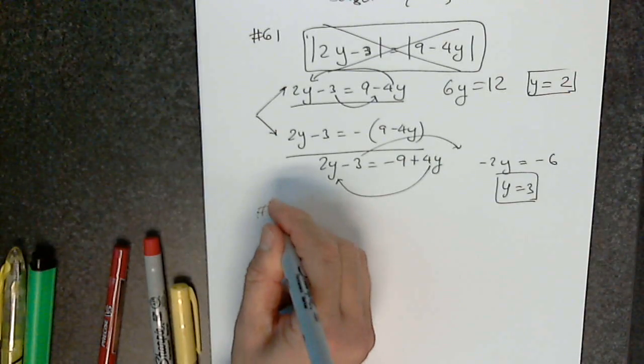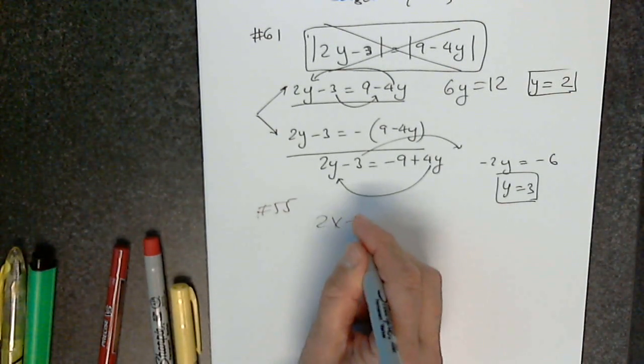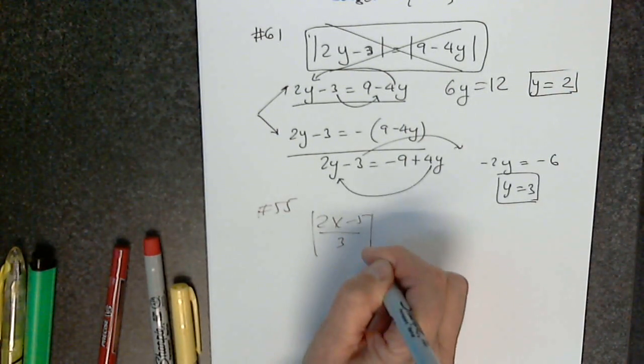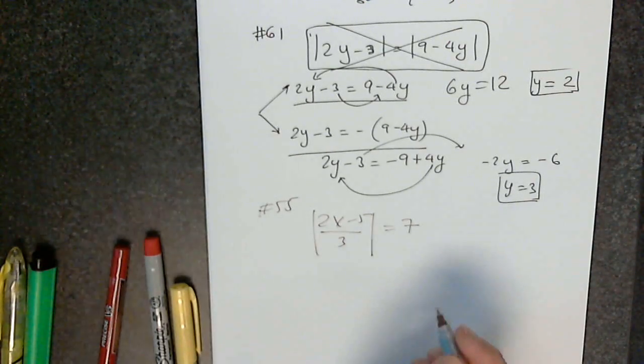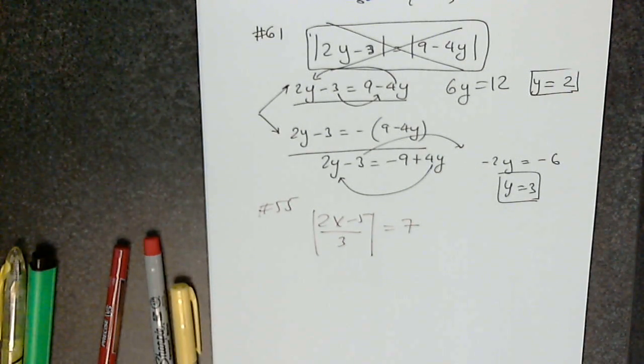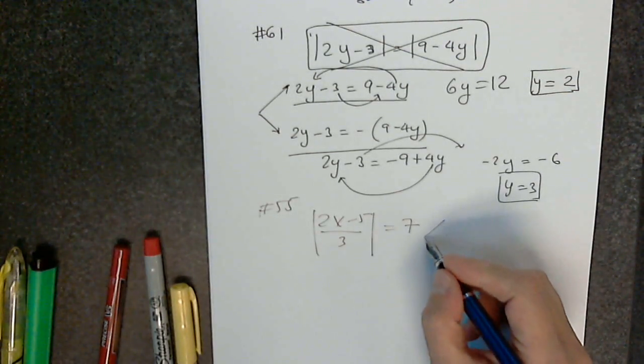Okay, I would like you to work on 55 for a minute. 2x minus 5 over 3 in absolute value equals 7. Somewhat easier situation because it has only one absolute value. So 2x minus 5, everything over 3 in absolute value equals 7. And please tell me, what is the starting point?